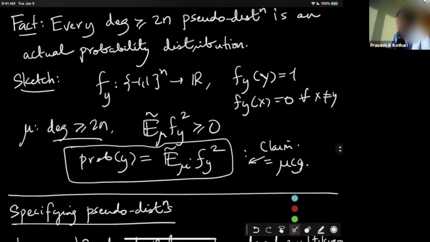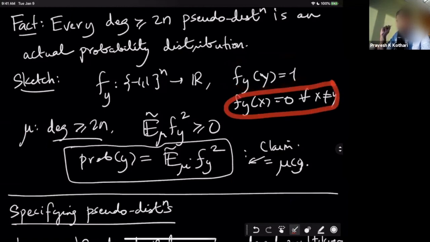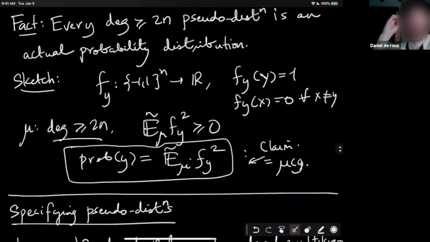There is a fy such that fy of y is 1, and at every other x, fy is 0. Now, if I had an actual distribution, then the expectation of fy would simply be the probability of y, because this is the indicator that the random variable outputs the value y. So taking expectation literally returns the probability. For actual distributions, if I did the same operation, I would end up with the probability. That's the intuition anyway.